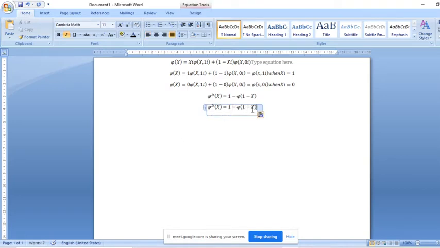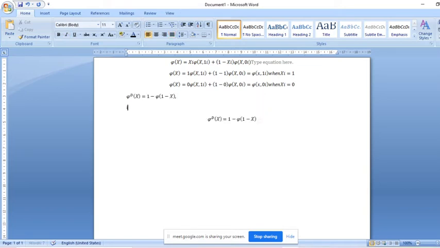If phi is a series system, then what will be the structure function?